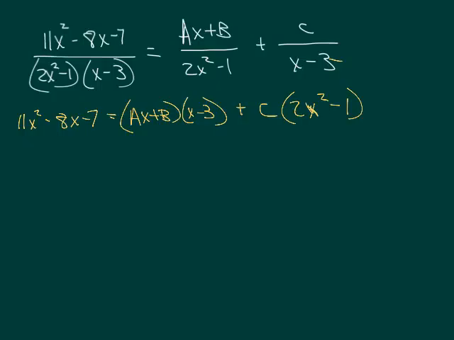Alright, so now this goes into what I did on the last one where we used systems of equations to figure this out, because it's going to be pretty difficult to solve for a, b, and c when at this point, notice, I only have 2 terms here.